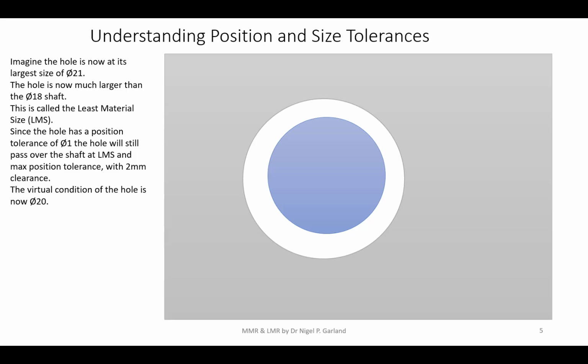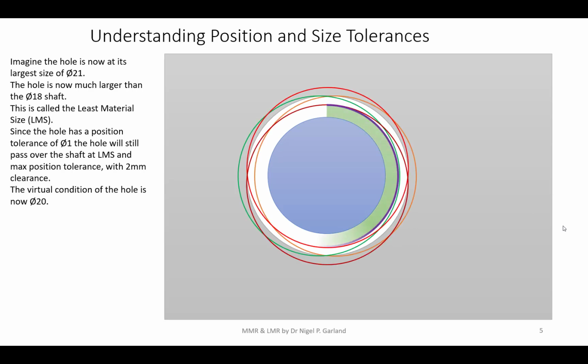So let's imagine the hole is now expanded out to its maximum size of 21mm in diameter. So the hole is now much larger than the 18mm diameter shaft, and even with its 1mm tolerance zone on it, all of those possible locations, it gives you a 2mm clearance.